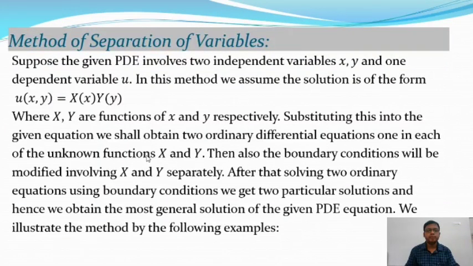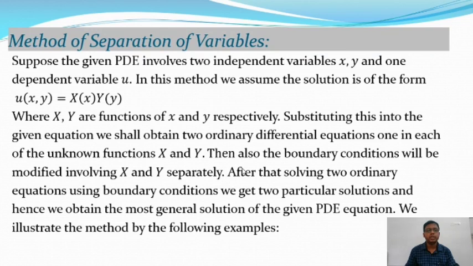So in separation of variables, u is a function of x and y, where X is a function of x and Y is a function of y separately. Substituting this in the given partial differential equation, we will get two different ordinary differential equations.